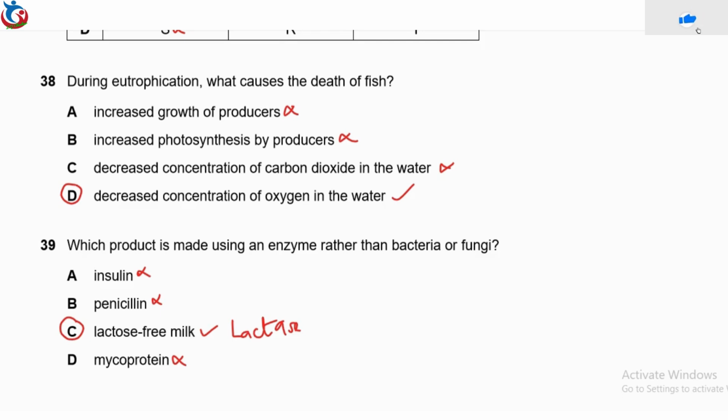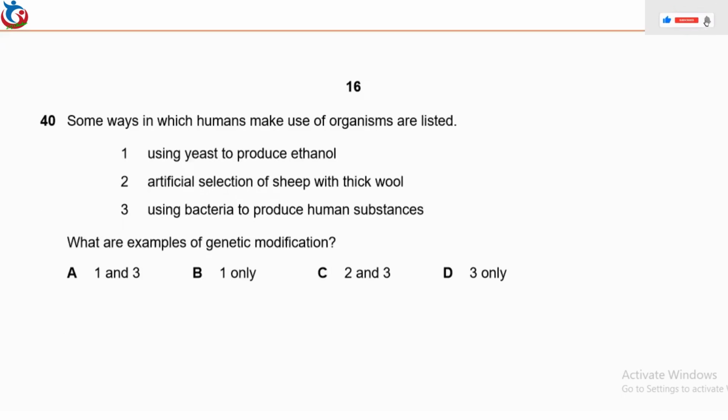And finally, in this paper, we have question 40, and question 40 says, some ways in which humans make use of organisms are listed. Using yeast to produce ethanol, no. Artificial selection of sheep with thick wool is a natural process.